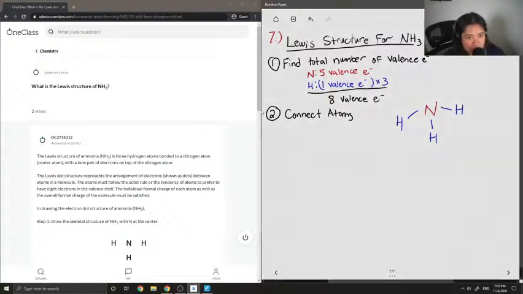And you'll also notice that there is a single bond between all of them. And each bond involves 2 electrons. So I'm going to take note of that, where each bond involves the sharing of 2 electrons.